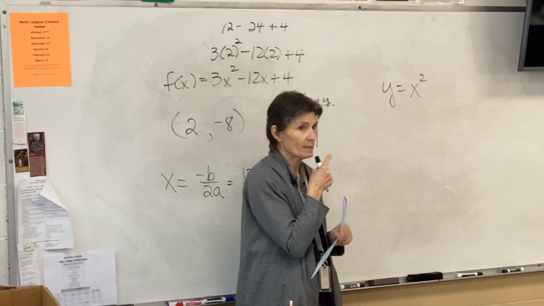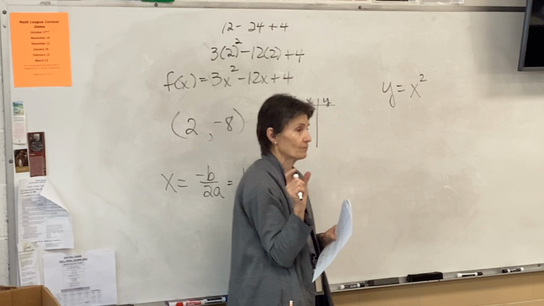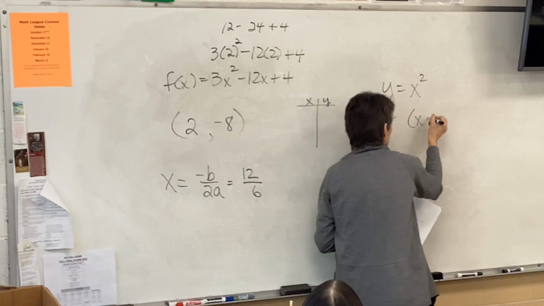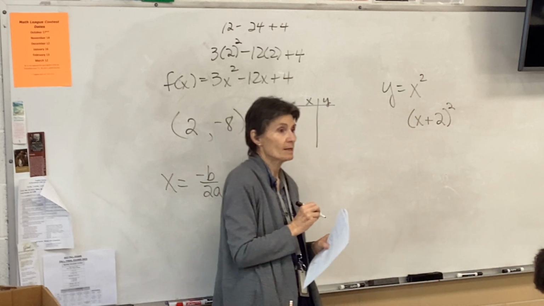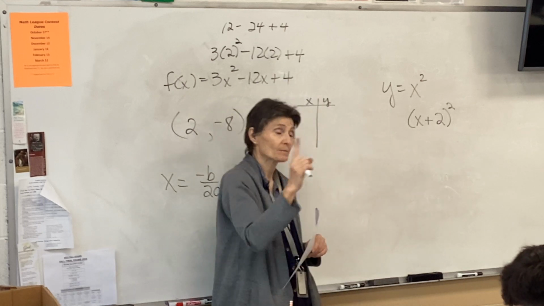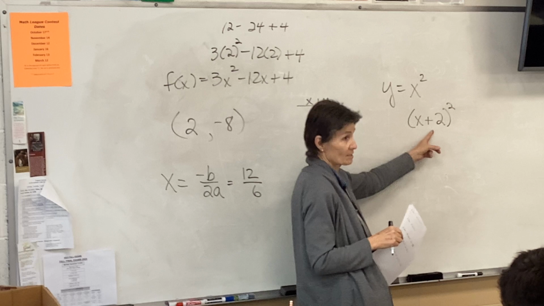So how do we do that in our equation if we want to move it 2 to the left? There'll be x plus 2 in parentheses, because doesn't adding and subtracting to x move you sideways? And we want to go left, so that's opposite, x plus 2.